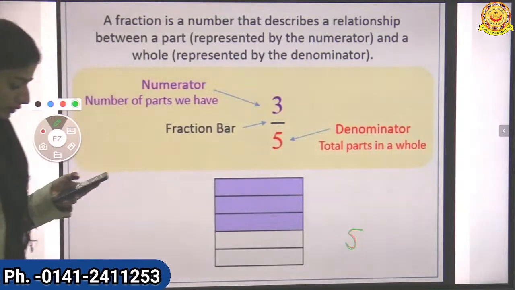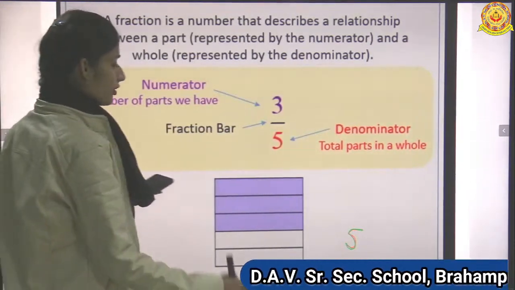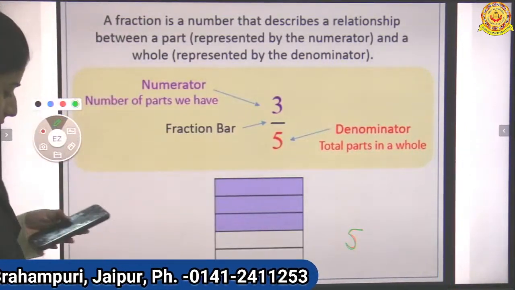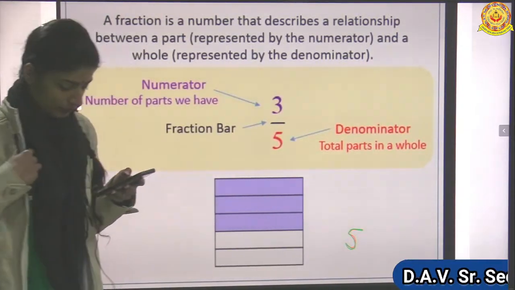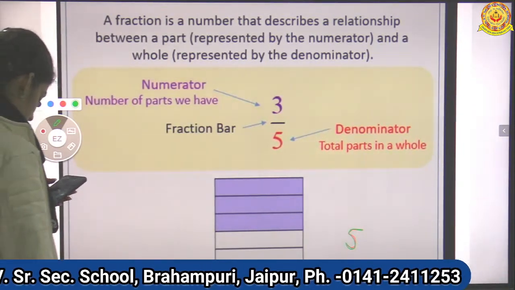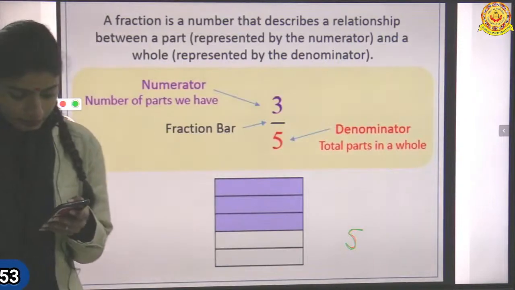Okay, and out of these five parts I have shaded three. Out of these five parts, how many parts have I shaded? Please tell me.